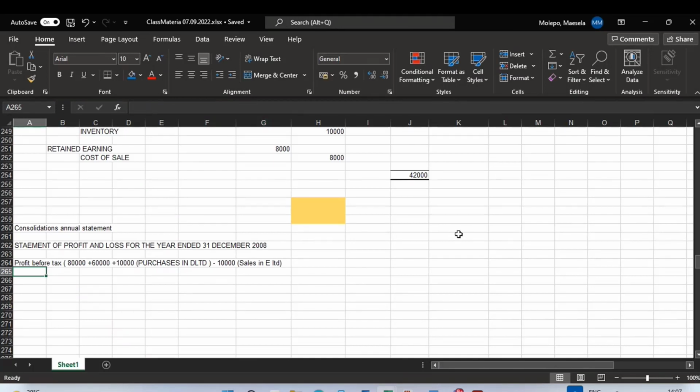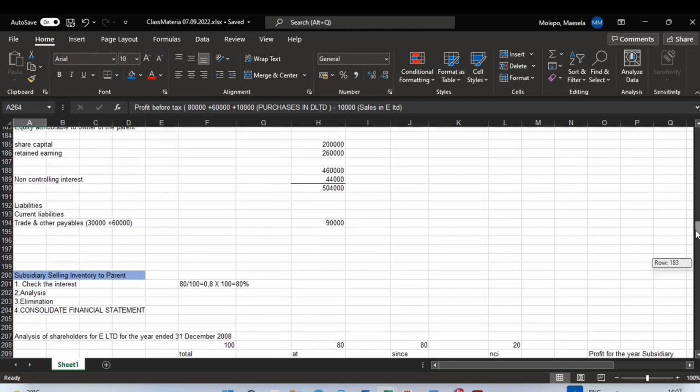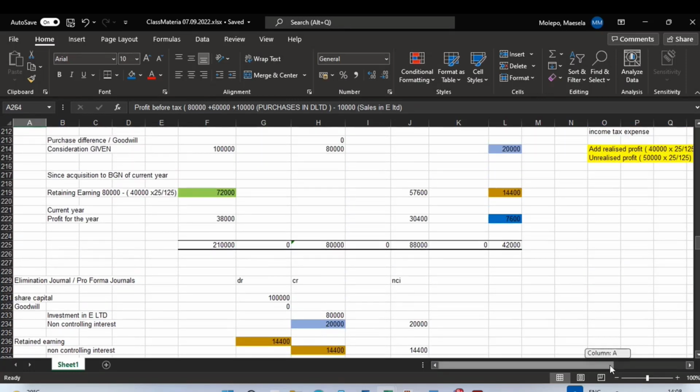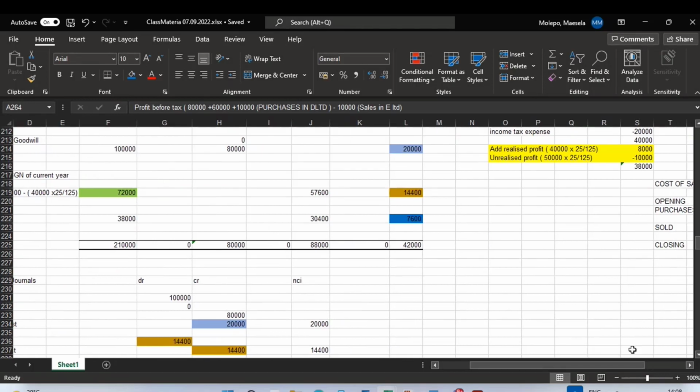Now we're going to go to those realized and unrealized profits. The profit which was realized is which one? The realized profit of 8,000 will be added, right?